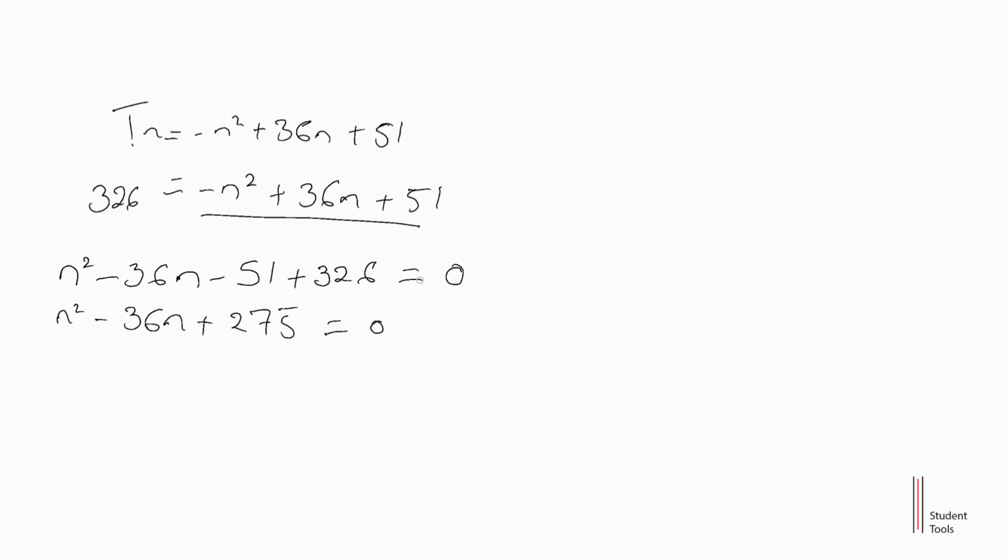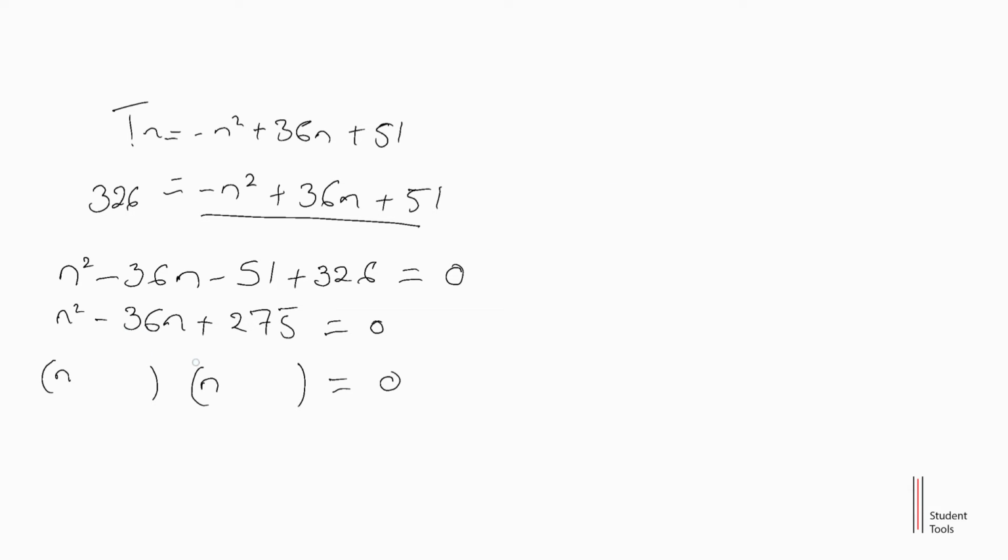So now here we have a quadratic equation. To solve this quadratic equation, the simpler way we know for solving a quadratic equation is by factorizing. So we will use two brackets equal to 0. Here we'll have n and here we'll have n. So we have to get the factors of 275, which when multiplied will give us an answer of 275, but also give us an answer of negative 36 when we add them.